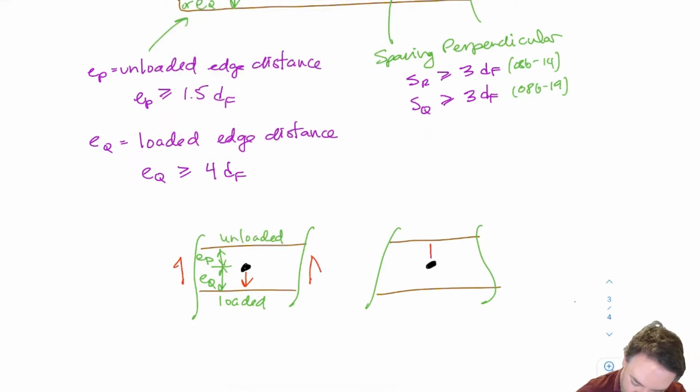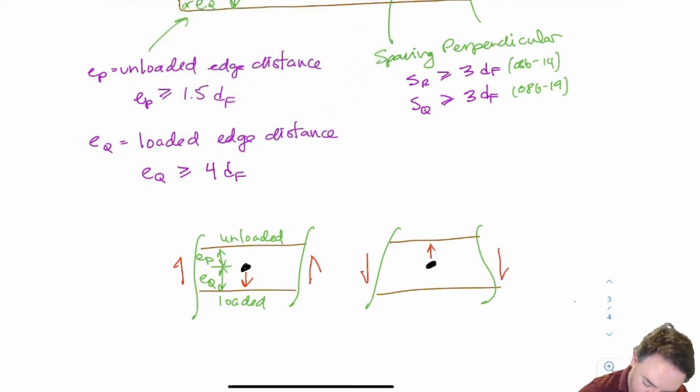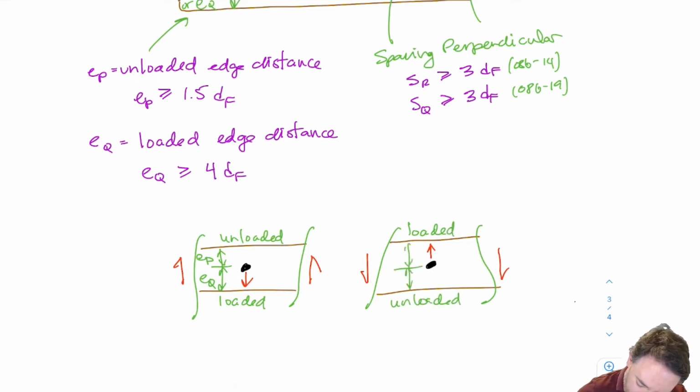Now in the reverse case, where the bolt is pushing up and the shear is pushing down, now my top edge is the loaded edge and my bottom edge is the unloaded edge. And so my EP and EQ are going to switch, and the top distance will be my EQ and the bottom distance will be my EP.